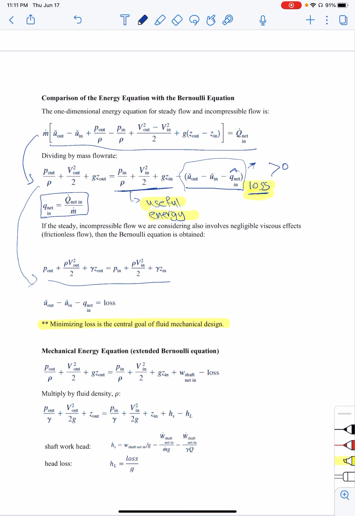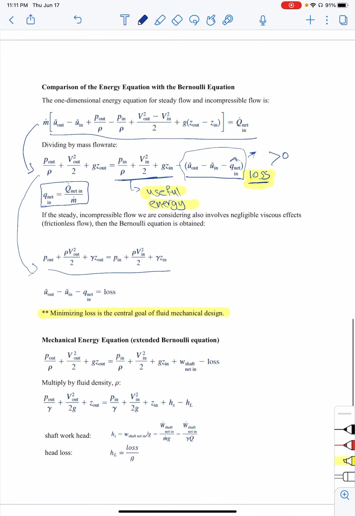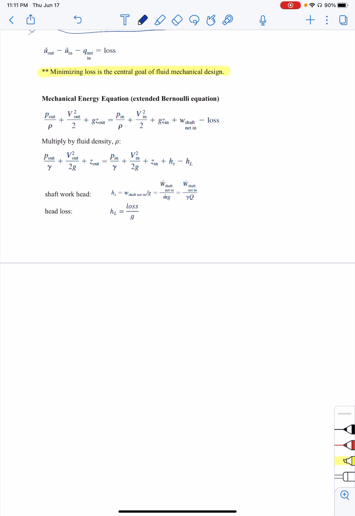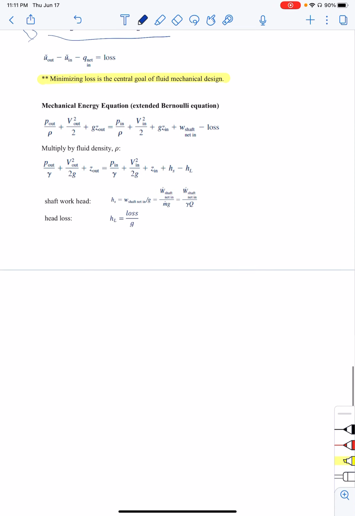Now let's go to the next topic, which is the mechanical energy equation, which we can write in terms of energy per unit mass. This is the equation that we have, and it is one of the important equations in this topic. I want to say why we simplified this.